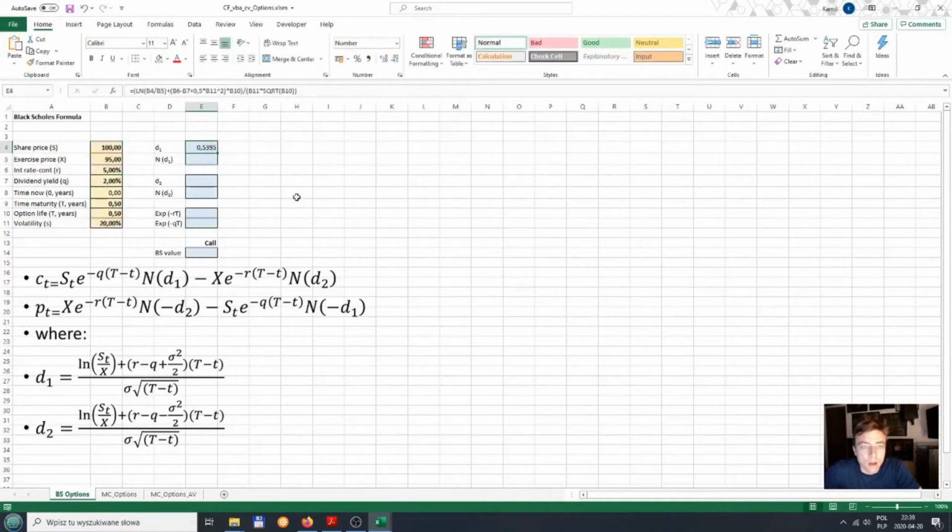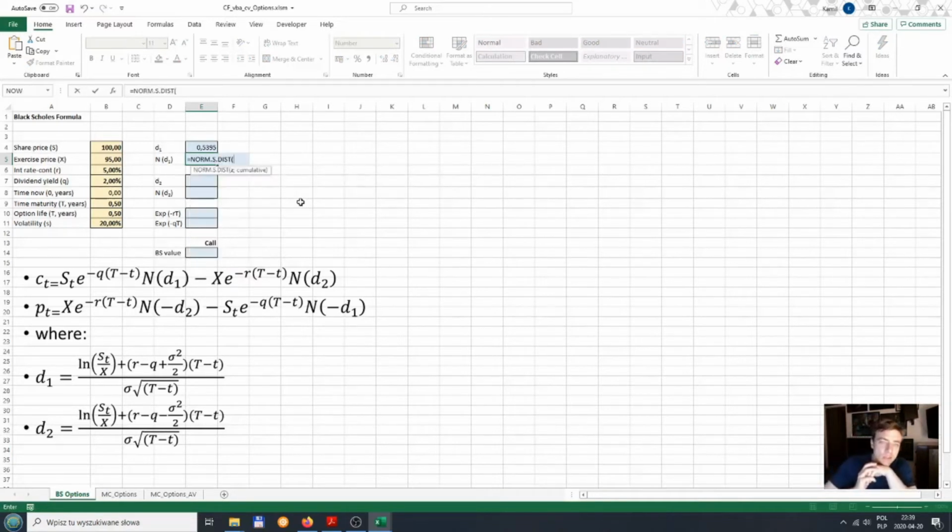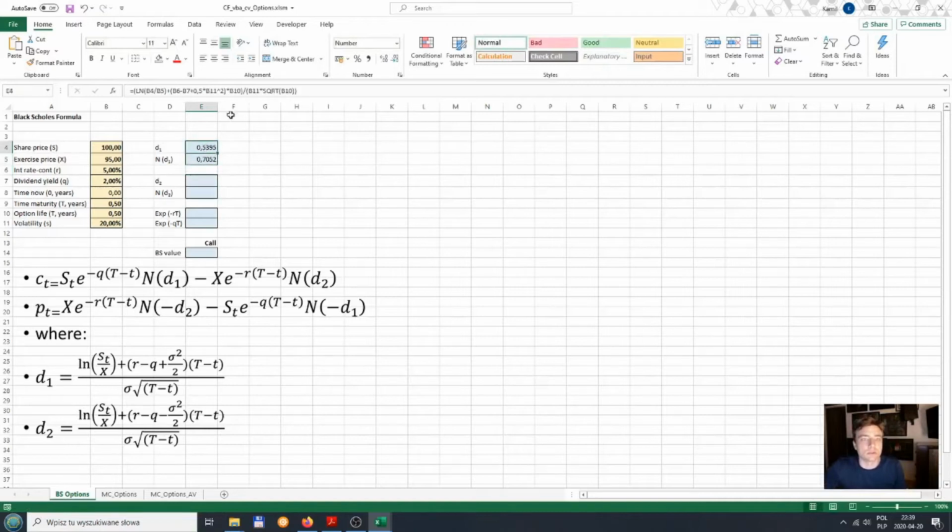So my D1 is 0.53 and my ND1 will be the normal cumulative distribution. So you use the normal distribution function for this D1 and use TRUE as the second input, for a cumulative distribution function. So it's 0.7. Let me check if everything is correct. It looks okay.